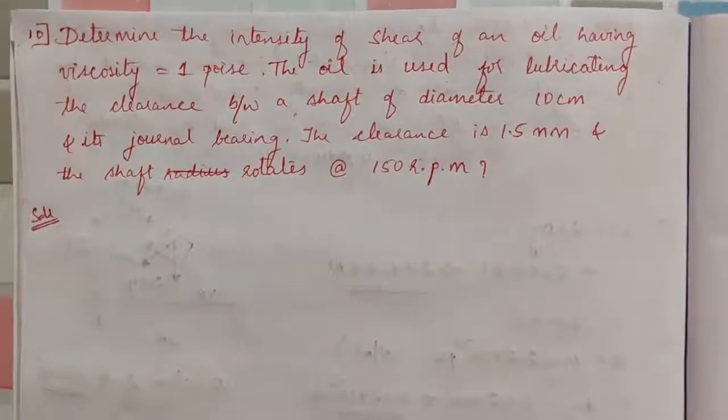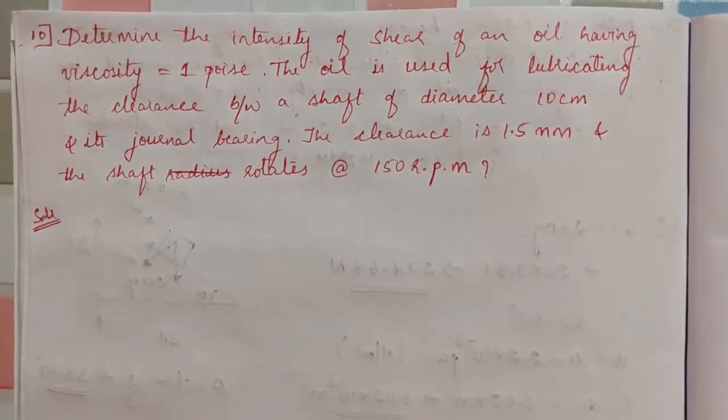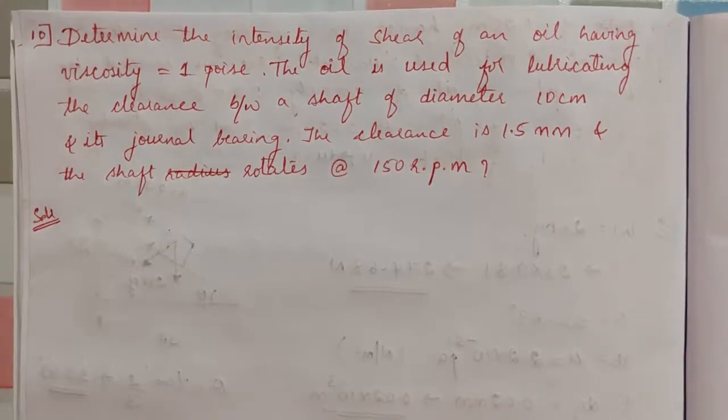So next question. Determine the intensity of the shear of an oil having viscosity 1 poise. The oil is used for lubricating the clearance between a shaft of diameter 10 cm and its journal bearing. The clearance means the dy, the space between the shaft where the oil will be placed.